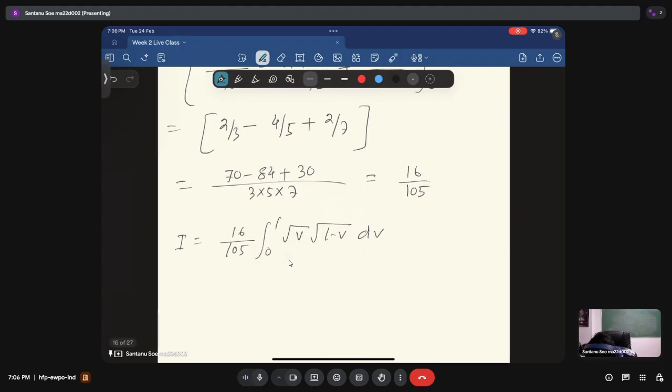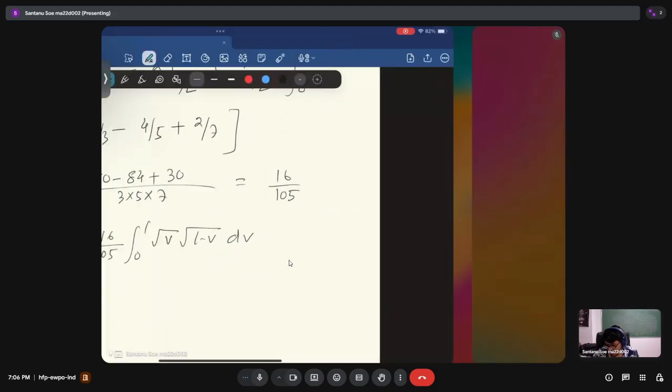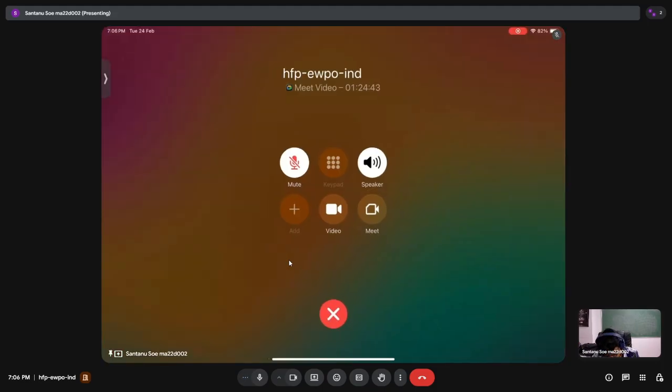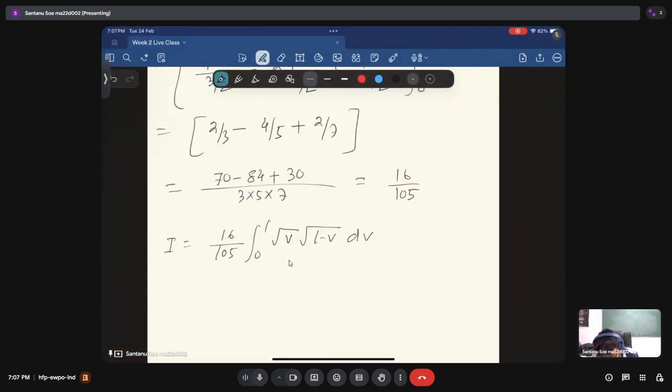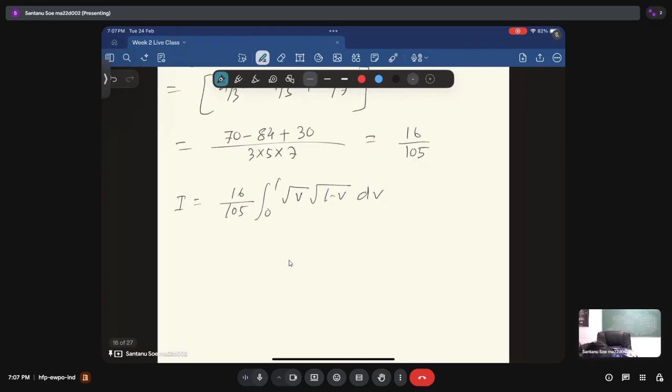So now this can be solved using the beta function, because this is just 16 divided by 105, integration 0 to 1 of v to the power 3/2 minus 1 into 1 minus v to the power 3/2 minus 1 dv, right?